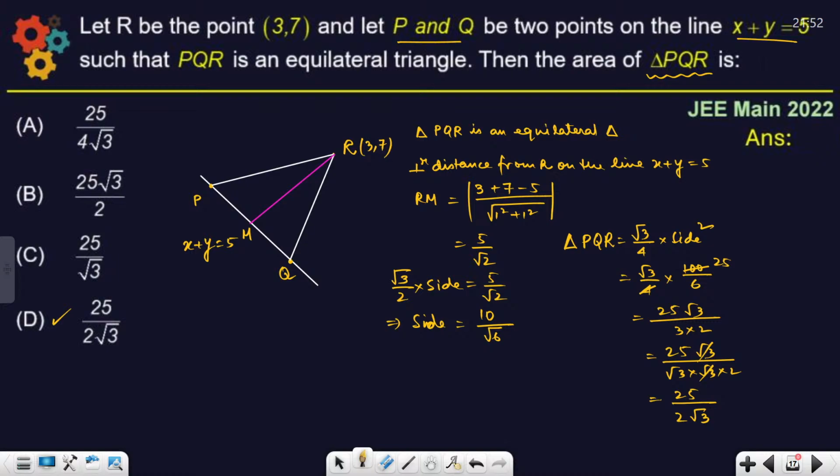See how simple the question is. This sum is pretty simple, right? But we all know that JEE Main 2022 was the toughest year. Some questions given in the 2022 JEE Mains exam were at par with JEE Advanced.